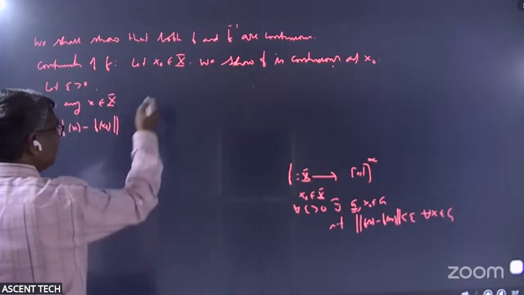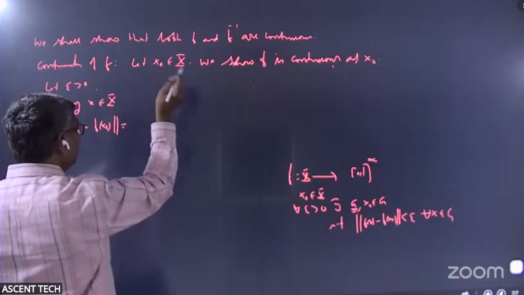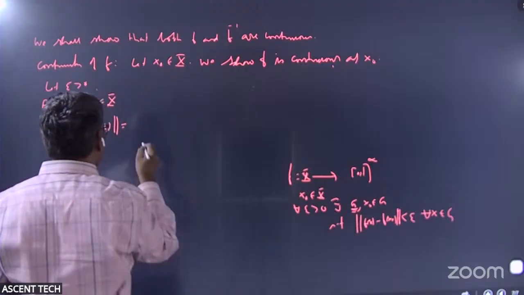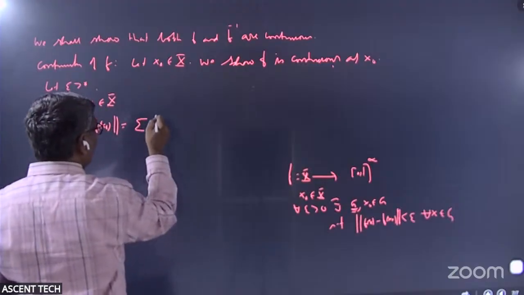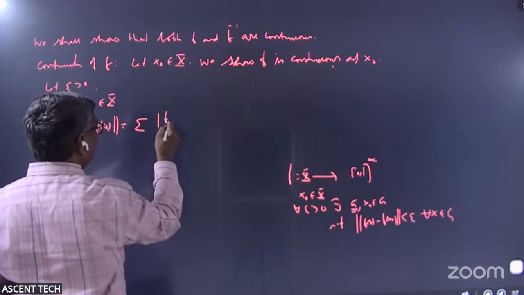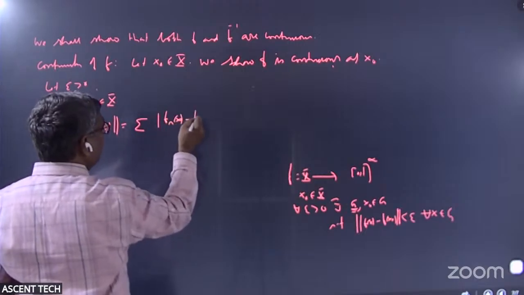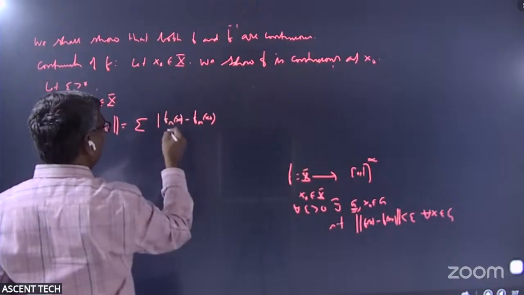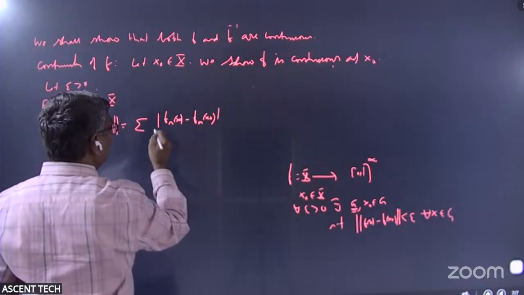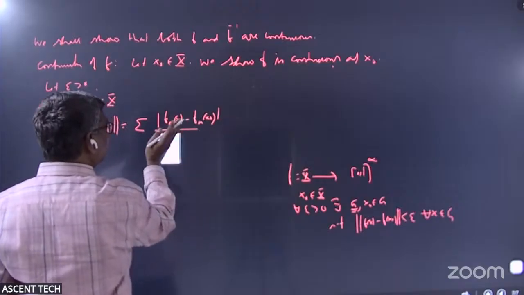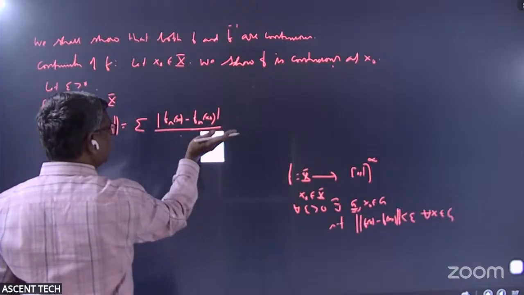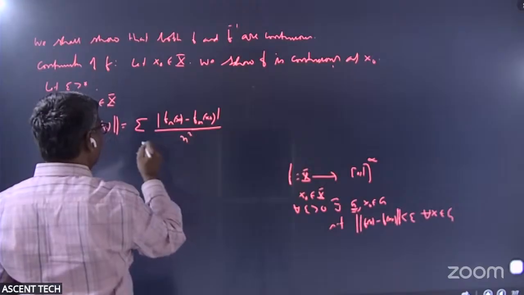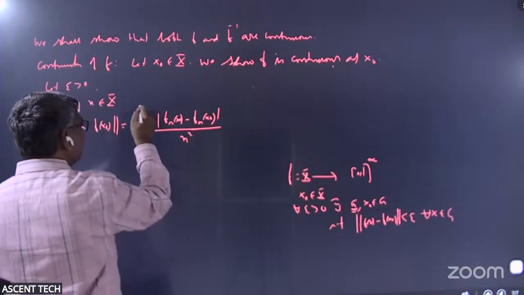The norm in l1 is the sum of mod fn x minus fn x naught. Actually, the values there are 1 by n squared, sum over n equal to 1 to infinity.